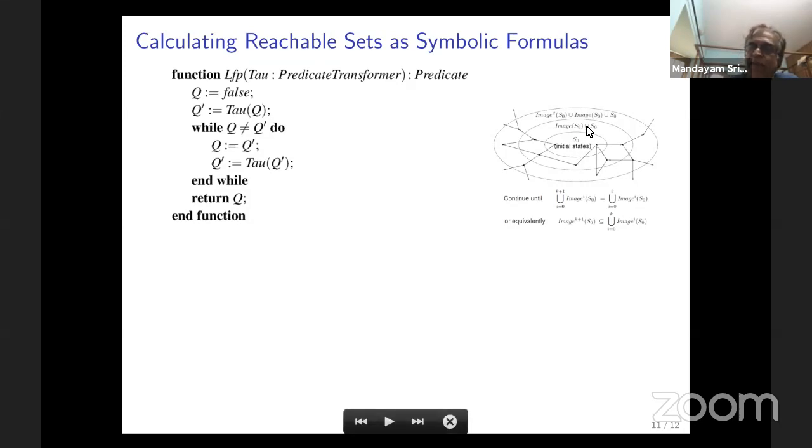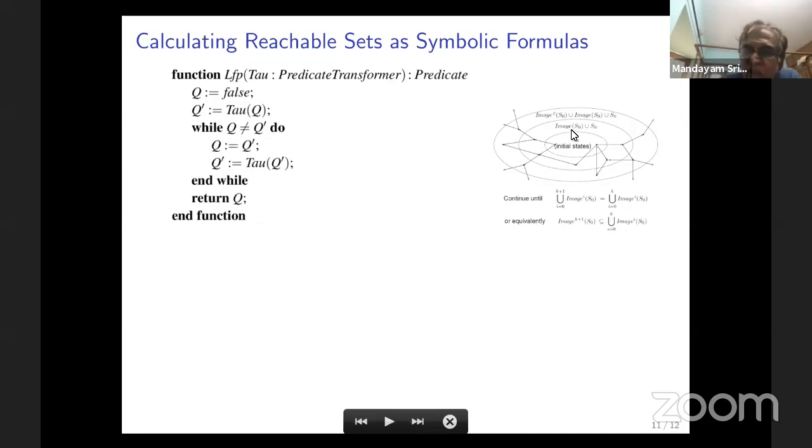Each step is transforming that formula into another formula that represents a bigger state, one that includes the original set of states plus the image. Okay?